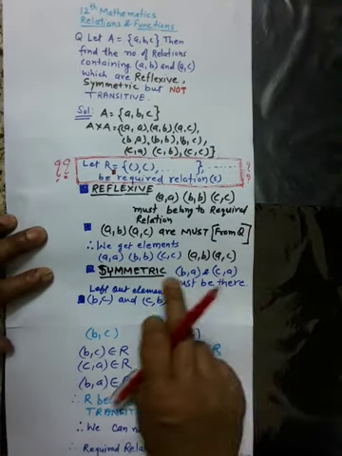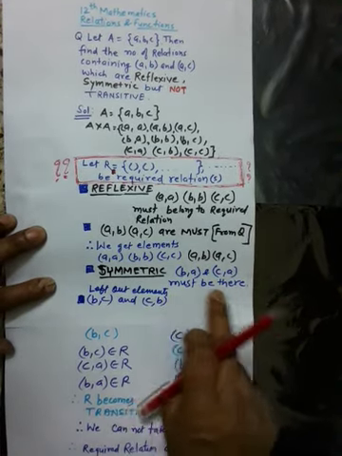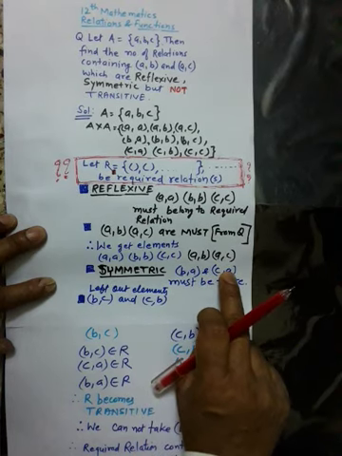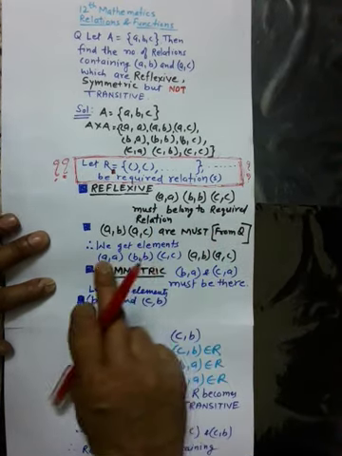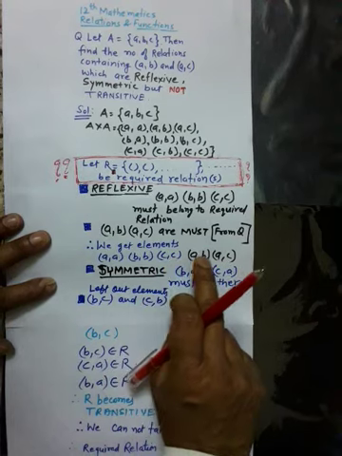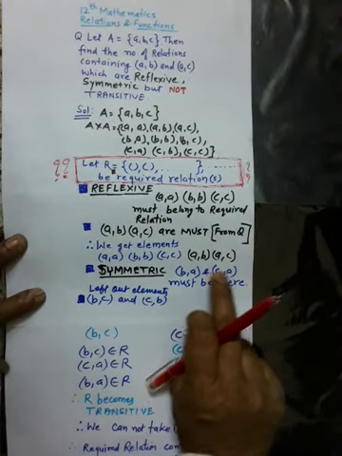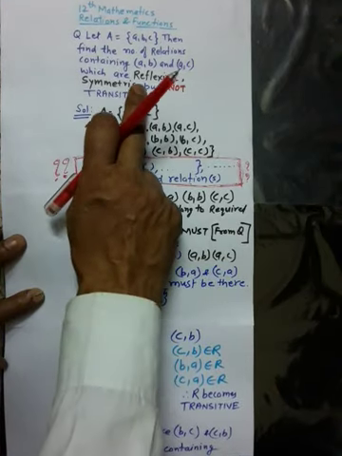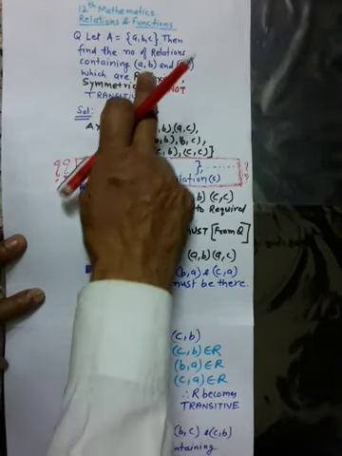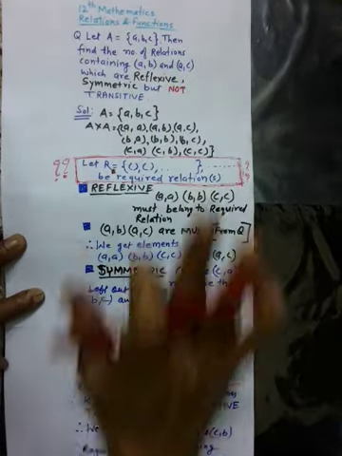So these 2 more elements are included, (b, a) and (c, a). So here we have got 1, 2, 3, 4, 5 and 6, 7. These 2 are also included, so that the relation is reflexive as well as symmetric and containing (a, b) and (a, c).